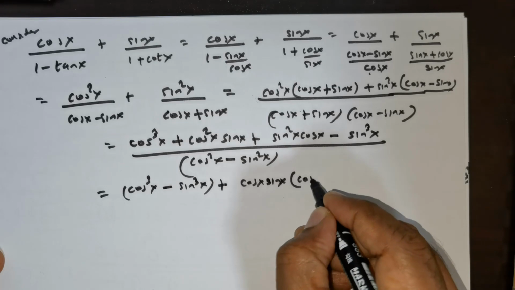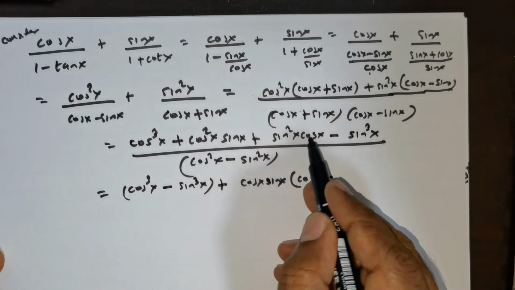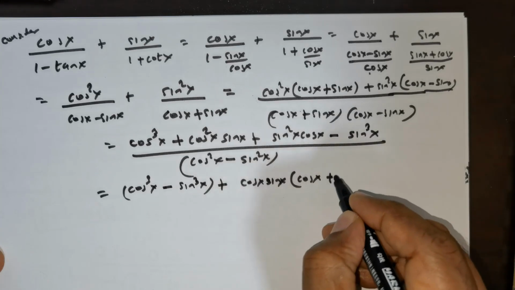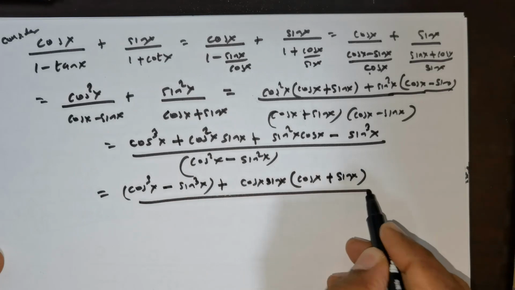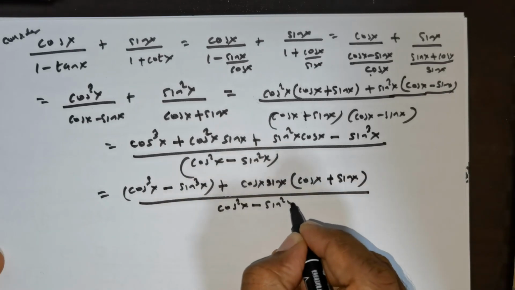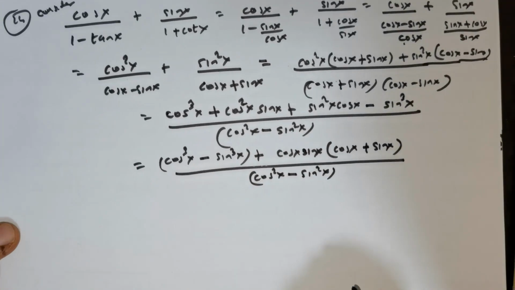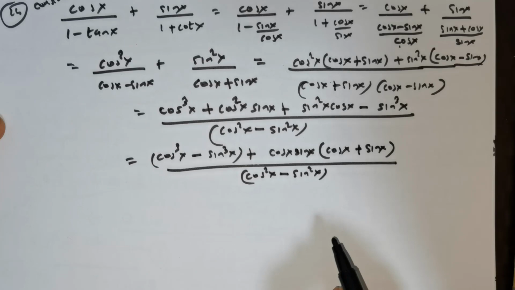That would give me cos x, and since I've taken cos x and sin x, this would give me sin x, okay, divided by cos squared x minus sin squared x. Okay, so can we attempt further simplification?